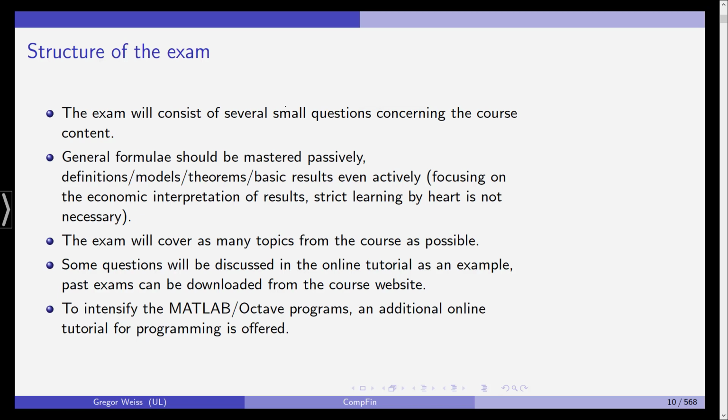You get a good feeling of what the exam looks like if you have a look at the previous exams and the exercises and the tutorials we have online. Some questions will be discussed in the online tutorial as well, and you can also download the past exams from the Moodle website.